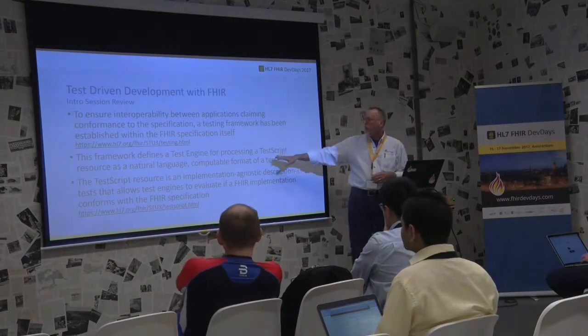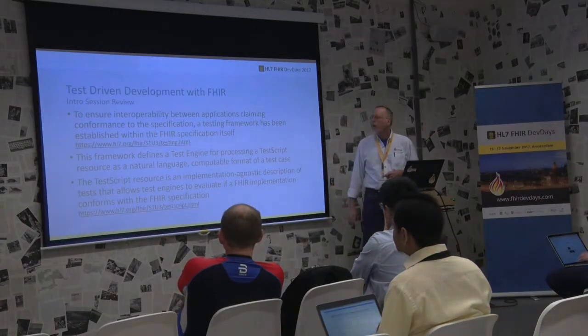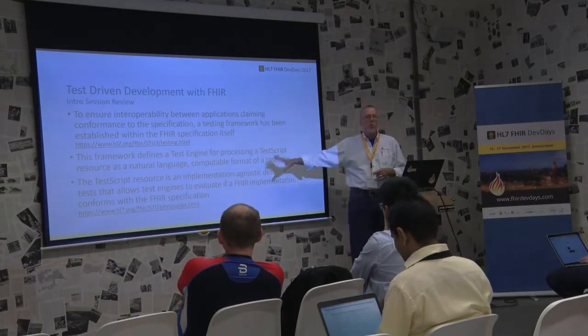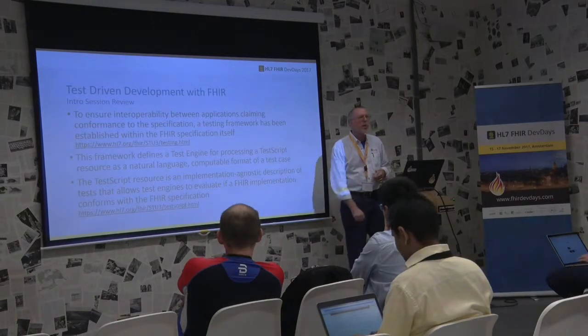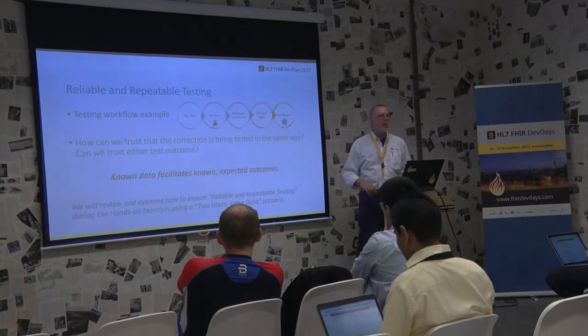The framework defines that process and also a new resource called TestScript. And the TestScript is our computable, executable definition of running a test or a series of tests. And so we're going to see a little bit more of that as we go along.